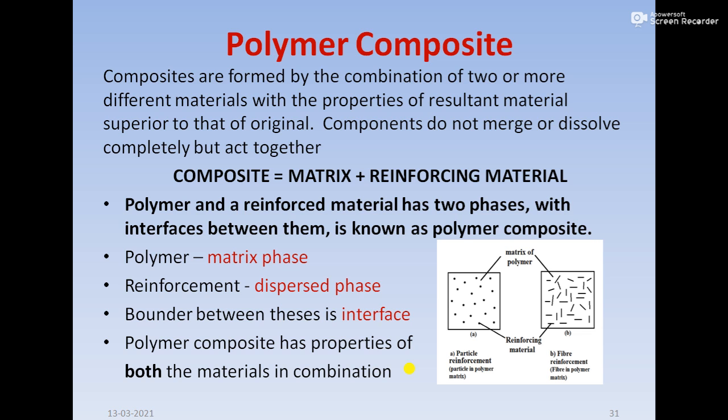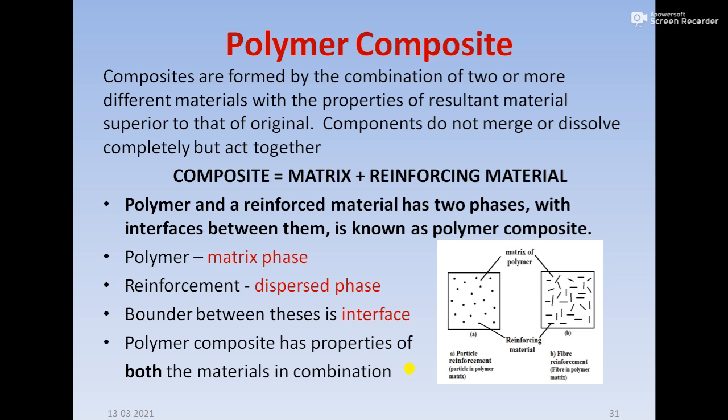It is prepared for some purpose that cannot be achieved by the already available polymers. But the components do not merge or dissolve completely, they act together. So there is no reaction of the components used for the preparation of the composite.